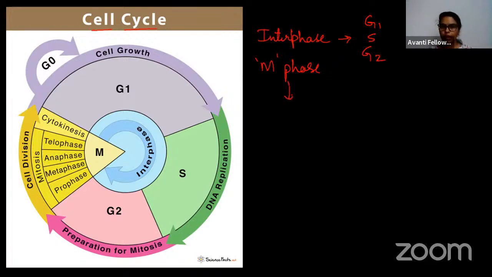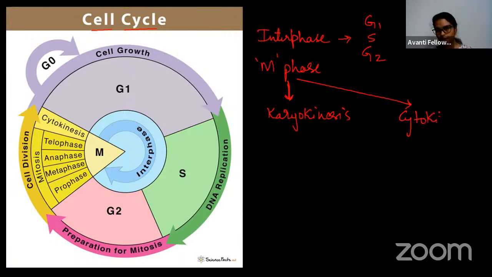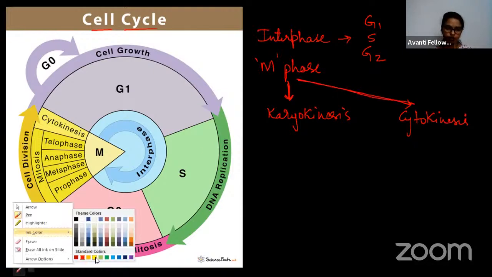Okay, so in M phase, what we are going to see in M phase, again there are two categories, that is karyokinesis and cytokinesis. ठीक है, ये कहाँ से आ रहा है? M phase से. ठीक है, it is coming from the M phase.